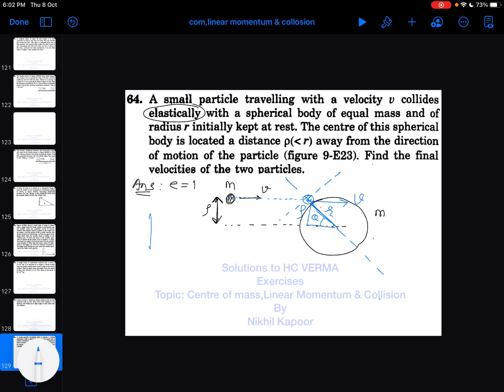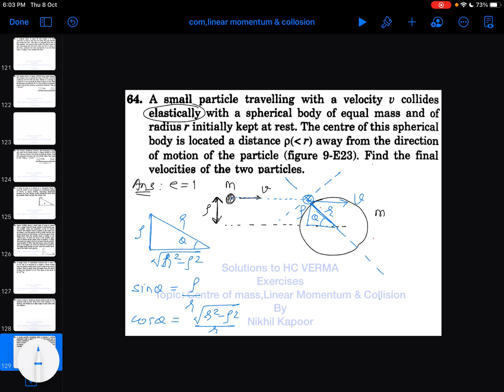So I can draw this triangle separately here so that I can get the value of sin theta and cos theta for resolution. So this is rho, this is r, so this side will be equal to root of r square minus rho square. Now what is sin theta? It will be side opposite upon hypotenuse. What is cos theta? That would be side adjacent upon hypotenuse.